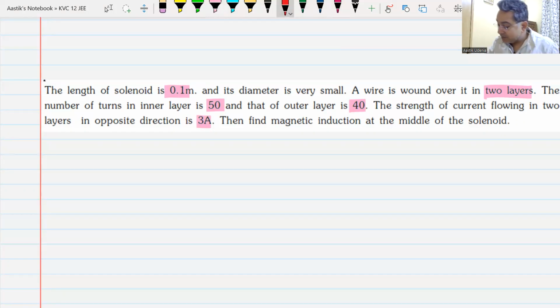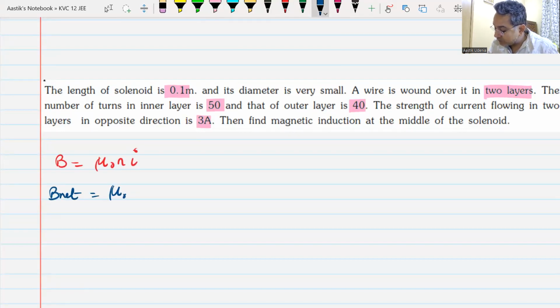So, my dear friends, what will be the value of the magnetic field? The value of magnetic field is mu naught n I. Now here there are two magnetic fields. So the net magnetic field B net will be mu naught n1 by L into I minus mu naught n2 by L into I. Yes or no?